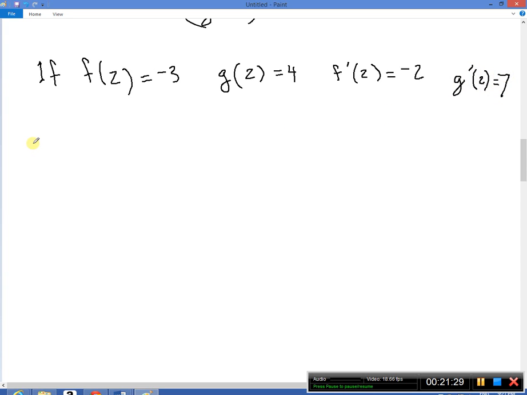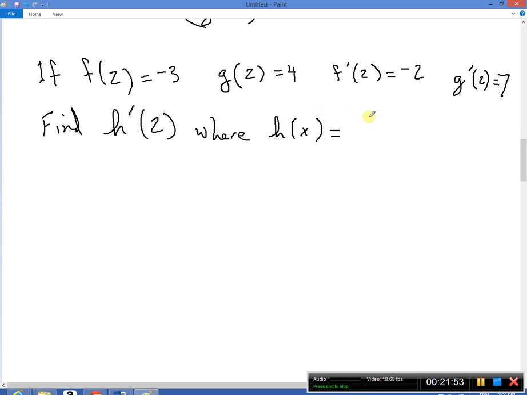So suppose that you're given all of that information, and the problem says find h prime of 2, where h of x is g of x divided by 1 plus f of x.